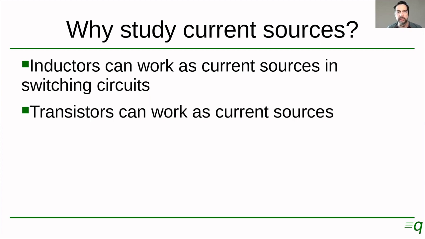Some of these devices are inductors. Inductors can store energy in the form of a magnetic field and then release it in the form of a current, right? Another application for current sources is transistors. Transistors can work as current sources in some circuits, okay?